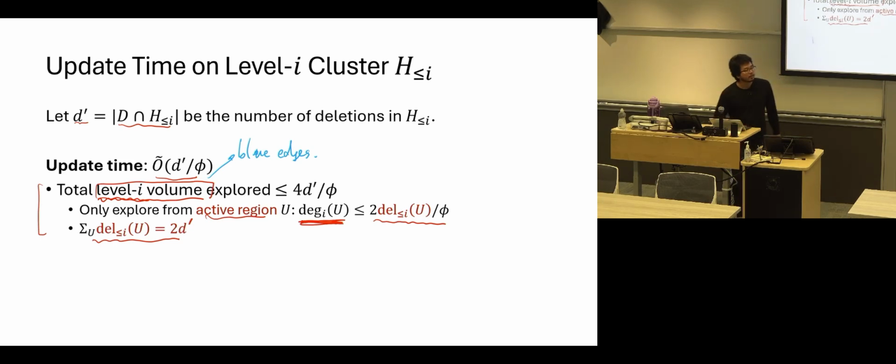Yeah. The D prime or 4D prime over 5, does it come from our original condition in the DFS? Yeah, exactly. Like we only explore further from an active region, and an active region is one such that the number of blue edges is small compared to deletion, and the number of deletions in total is at most 2D prime.